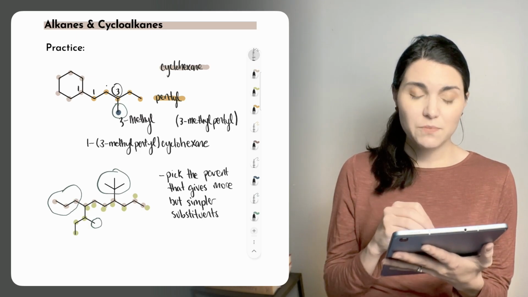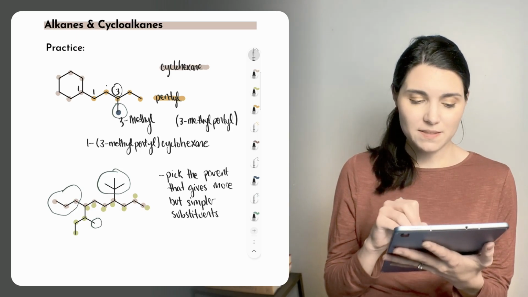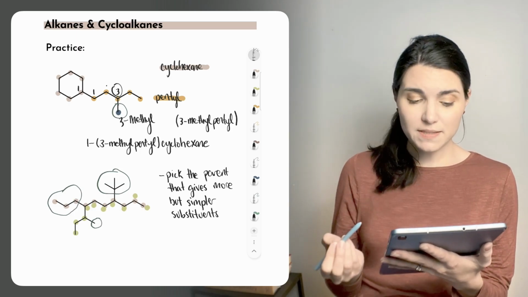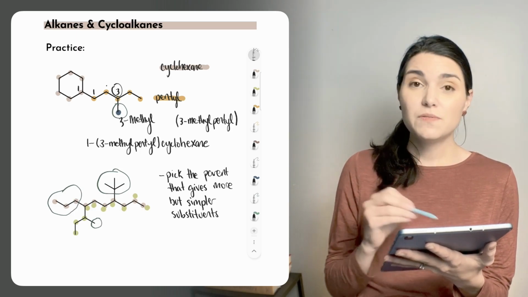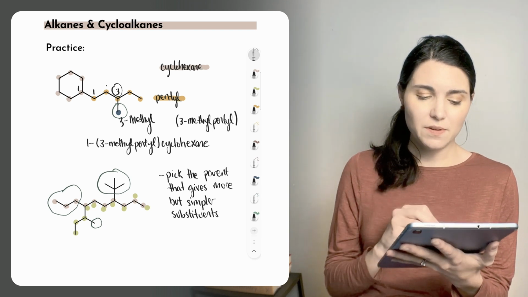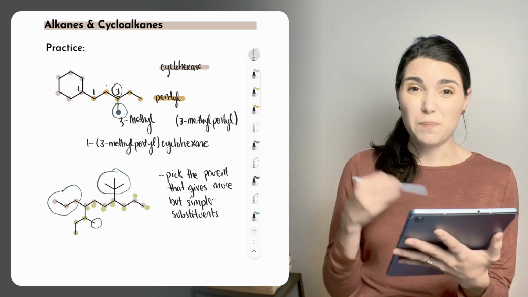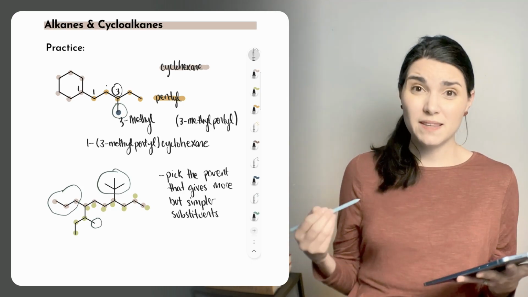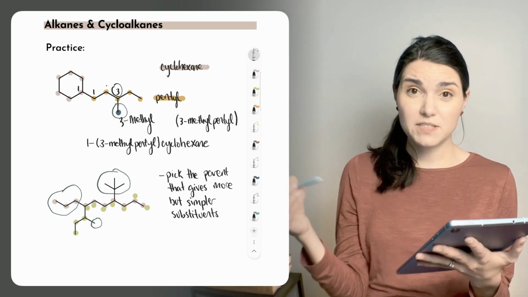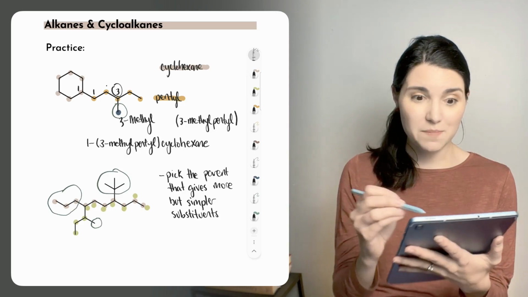So that means we would pick the green dots because we'd end up with 3 substituents, but 2 of them would be simple instead of picking the pink where we would get only 2 substituents, but we'd have a branched substituent. So basically we're picking the chain that avoids the branched substituents where we can. I hope that makes sense.